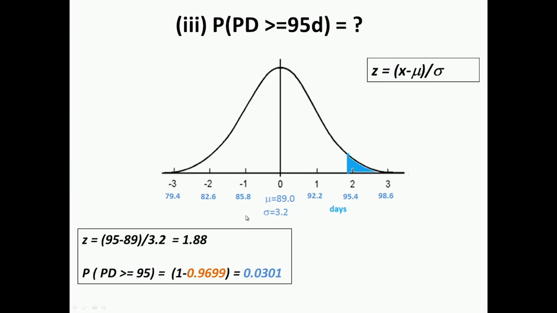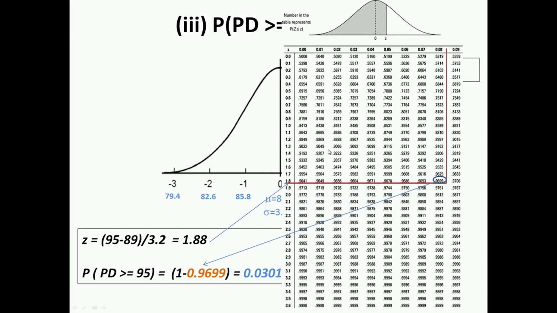So this 1.88 is right here, that is the distance from the mean. It's 1.88 standard deviations from the mean. That's where 95 days is in this normal curve, and I actually go to the normal table and look at 1.88.